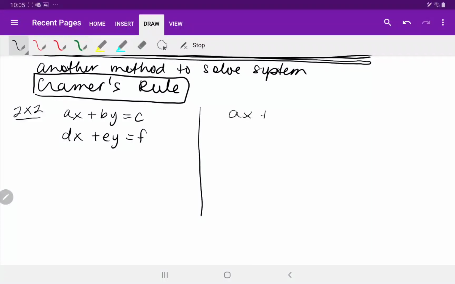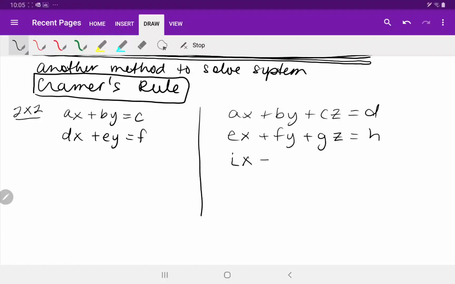So that would be ax plus by plus cz equals d, and then ex plus fy plus gz equals h. It's so weird to see e and i in these equations because e and i usually stand for something else in math. And then i, j, and k too. j is something else in vectors. So jx, jy plus kz equals L.